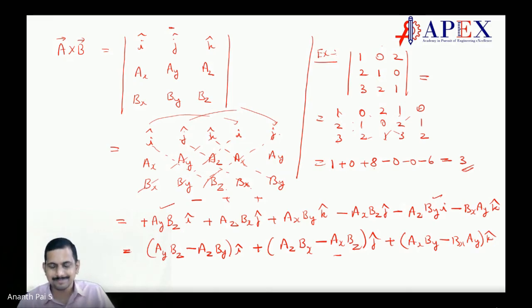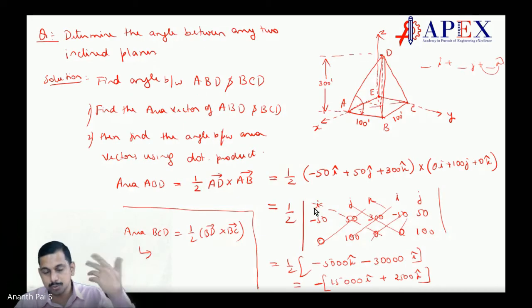Correct. Makes life easy, because determinants are something which we have to use in a number of places in civil engineering or in GATE. So if you can find the determinant easily and fast, it's always helpful, correct?